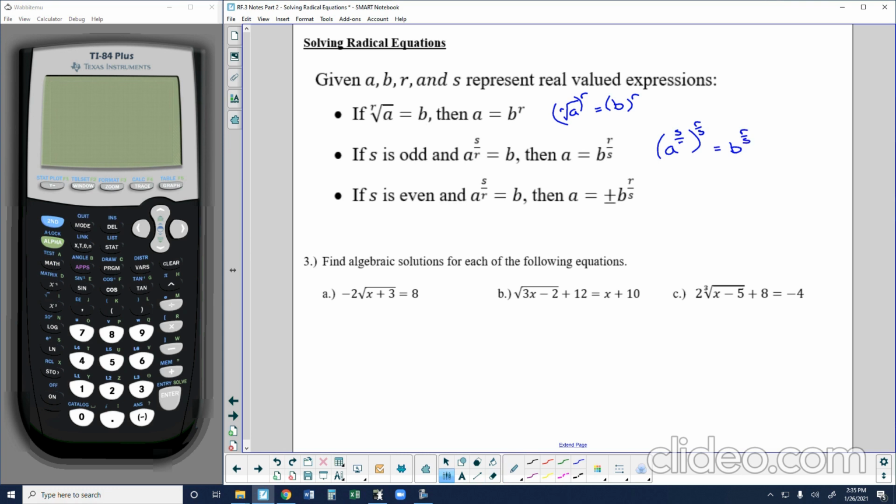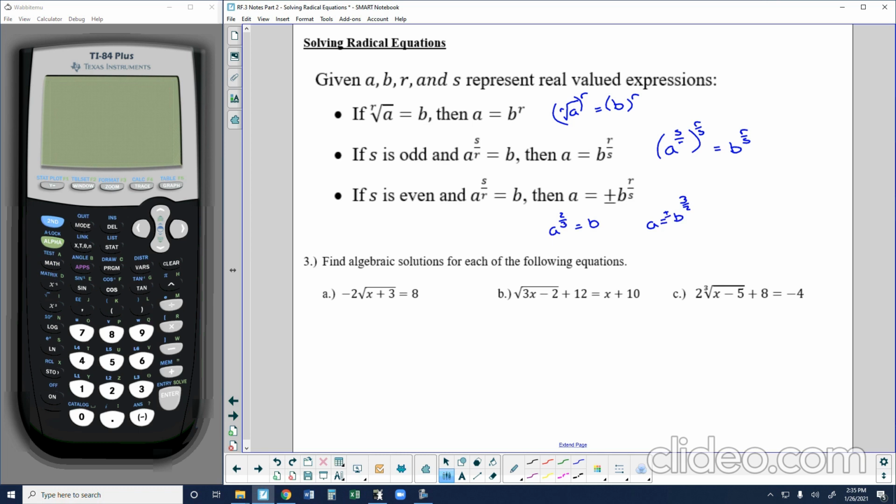The same thing holds true in the third example, but the reason that we need this plus or minus here is, remember, if S is even, S becomes an index root. So let's say we had A to the 2/3 power equals B. Then A equals B to the 3/2 power.